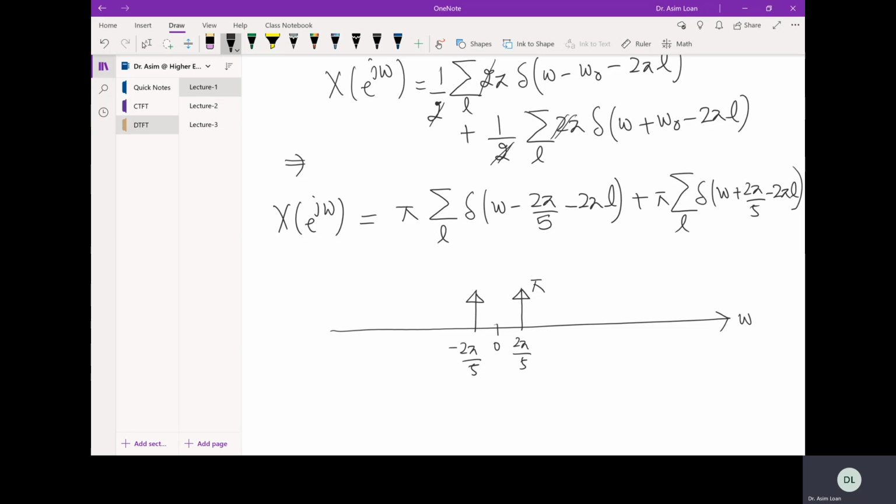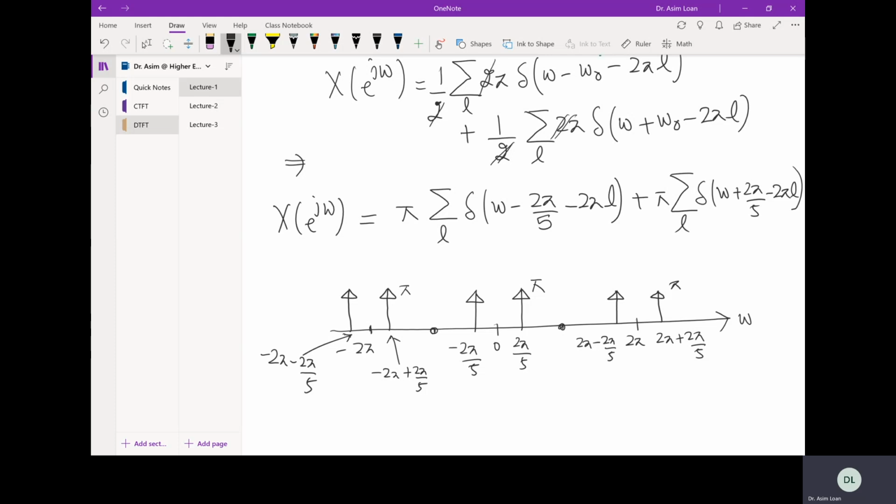Then I have the same at plus 2 pi and minus 2 pi: at 2 pi plus 2 pi by 5 and 2 pi minus 2 pi by 5, and at minus 2 pi plus 2 pi by 5 and minus 2 pi minus 2 pi by 5.